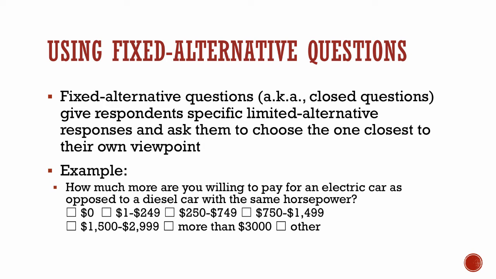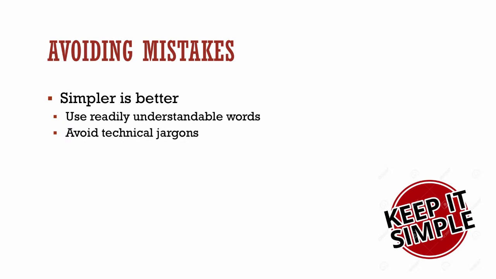Care must be taken to formulate responses so that they do not overlap and to make sure all plausible response categories are provided. To avoid common mistakes in writing questionnaire items, survey language should be simple to allow for variations in vocabulary and knowledge.